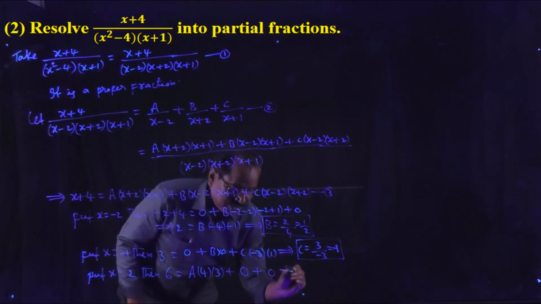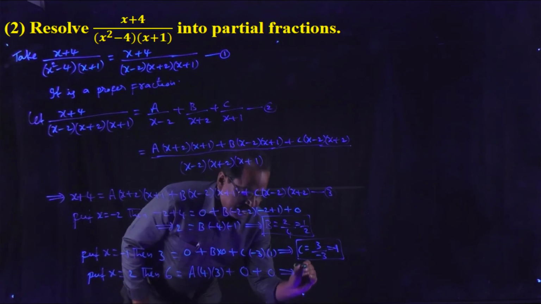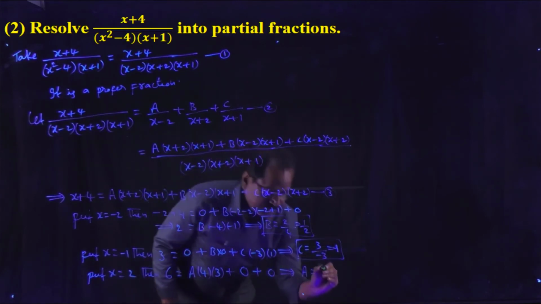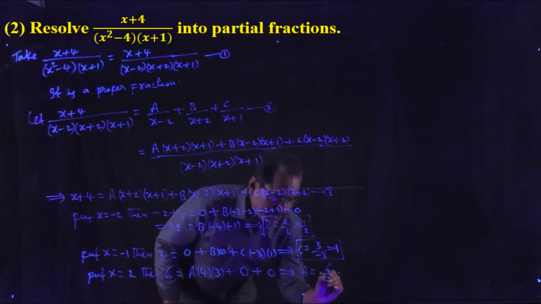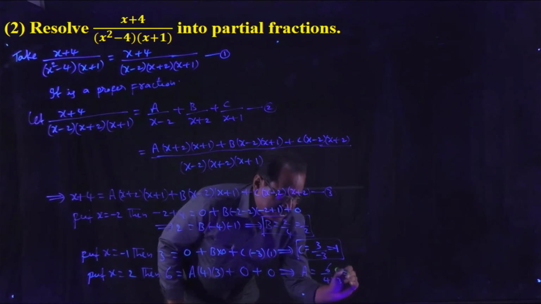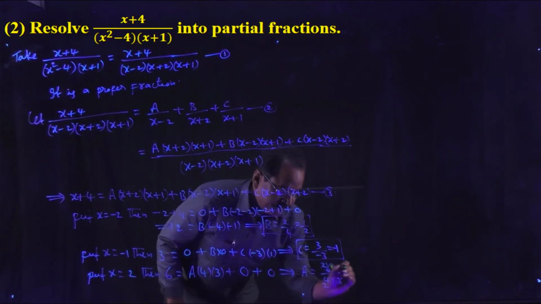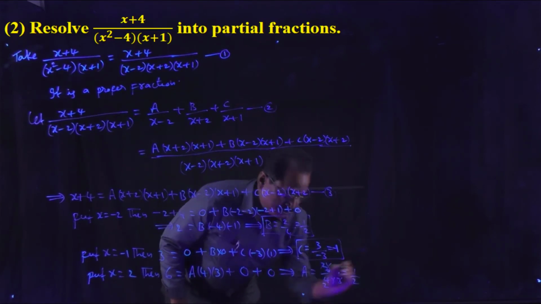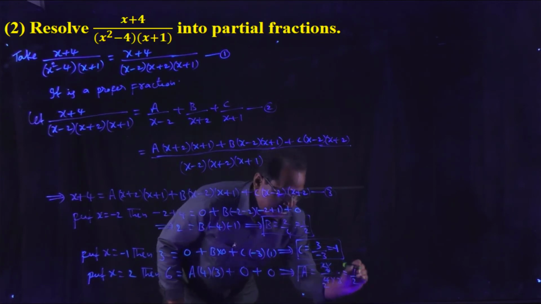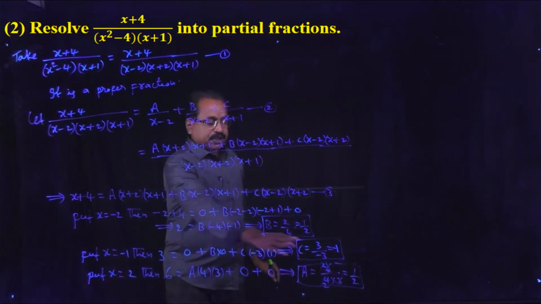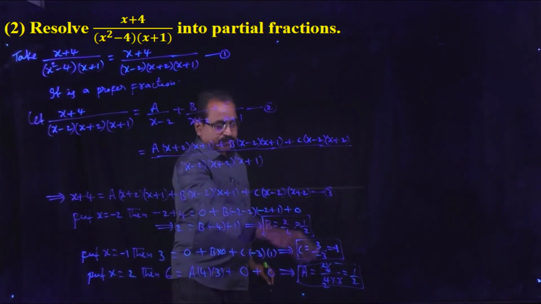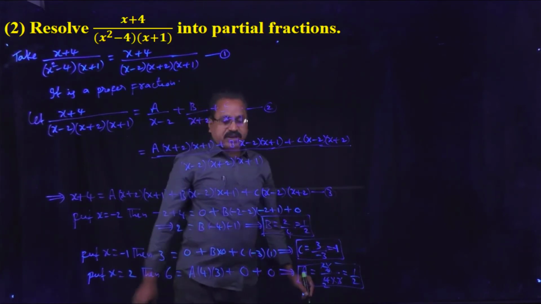This implies a is equal to 6 by (4 into 3), that is equal to 1 by 2. So a is equal to 1 by 2, b is equal to 1 by 2 and c is equal to minus 1.